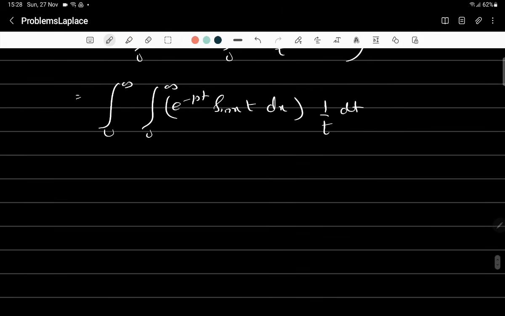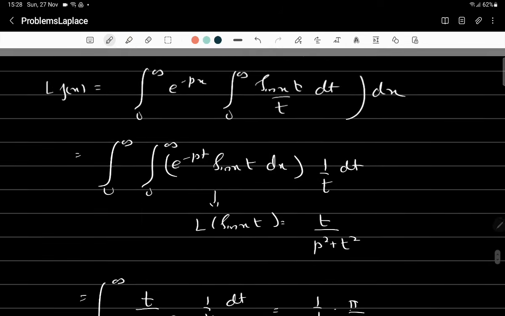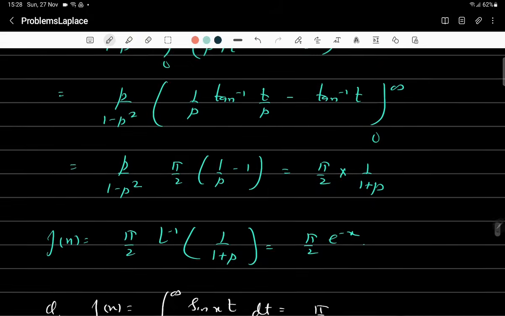So this becomes the Laplace of sine xt, which is t by p square plus t square, and this becomes 1 by, and if you solve it further, it simply turns out to be 1 by p times pi by 2. This part is already there in the previous question also.